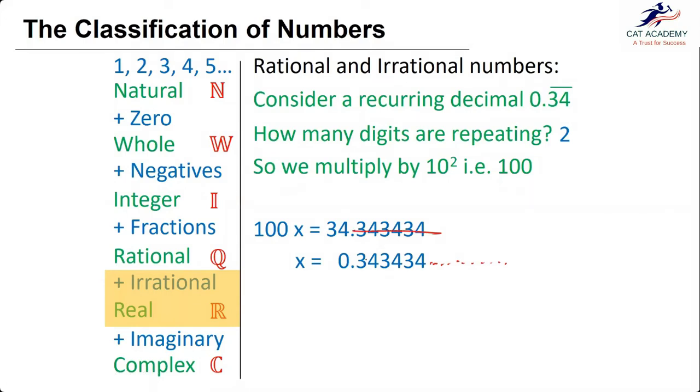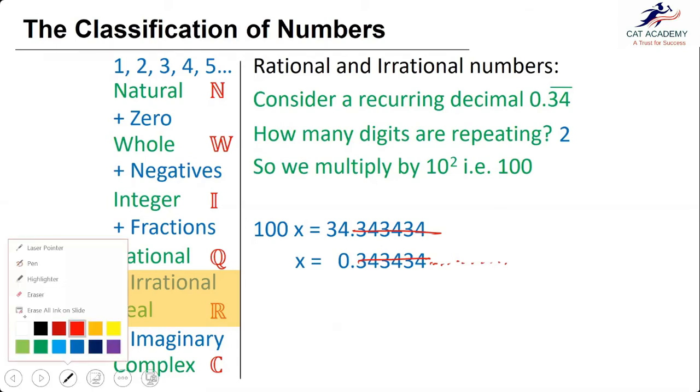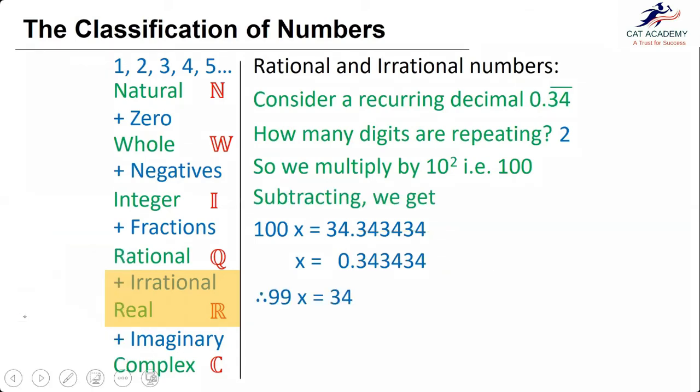This thing will entirely get cancelled out. So I get 99x is equal to 34. So x is equal to 34 by 99.